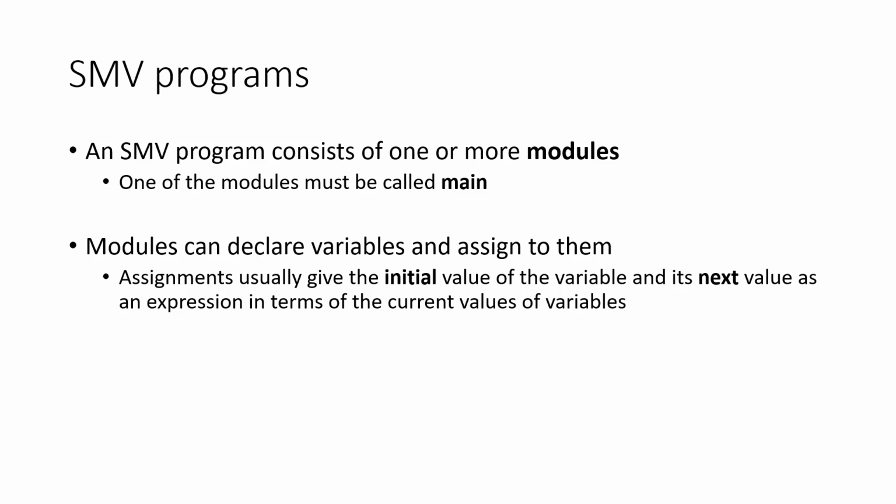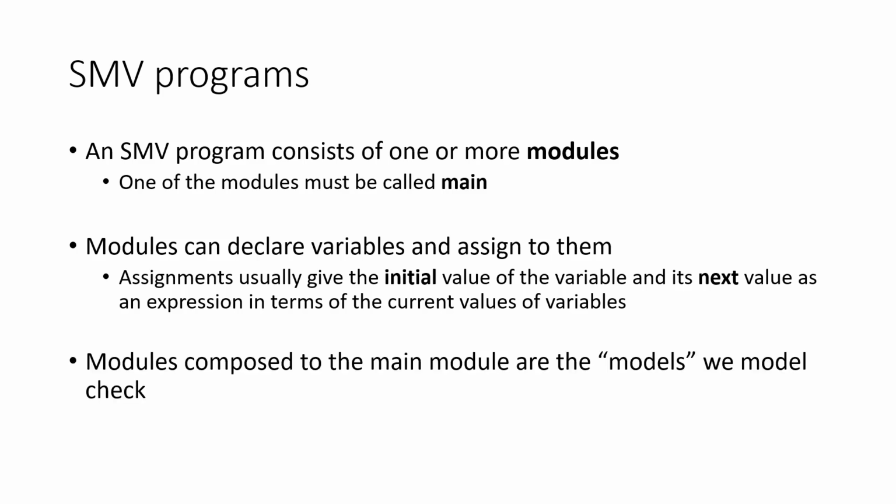And then, of course, we need to give some initial values to variables and say what might be the next value of variables. So we have basically 2 main keywords, the initial and the next, where we can say the next value of this variable will be some expression depending on, for example, the current value of other variables.